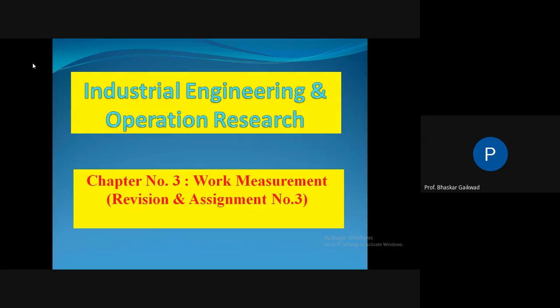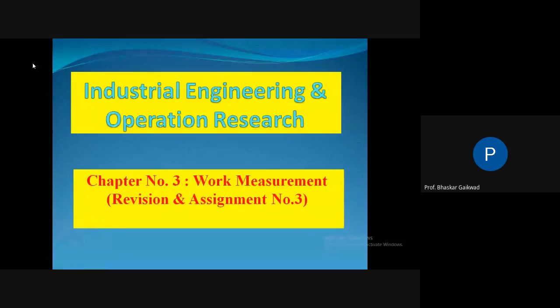It also contains a simultaneous motion chart. For example, grasp and similar small motions are there, and they are captured by camera, etc. So it comes under predetermined time study. It means before any activity we decide the time, and once the same activity is repeated, we can give the same time for that activity. This is the concept of predetermined time study.